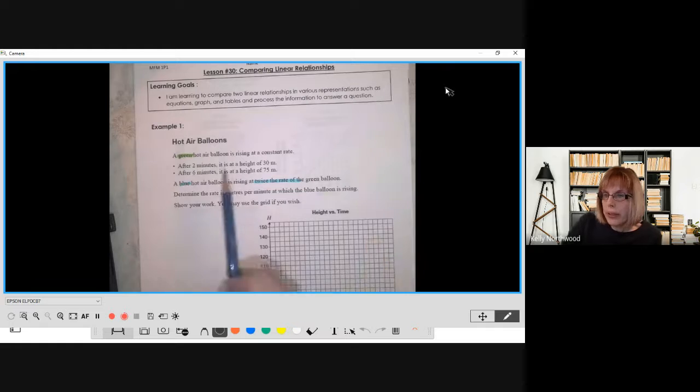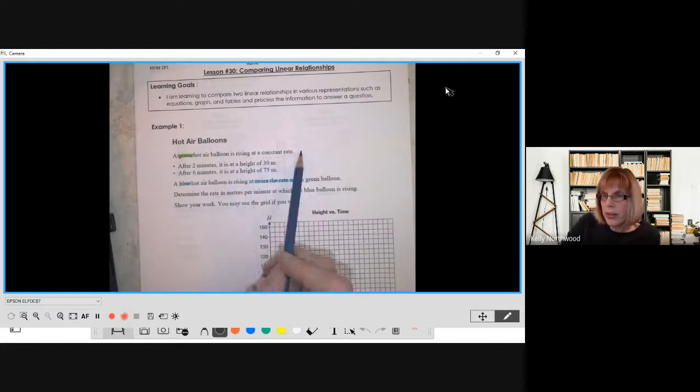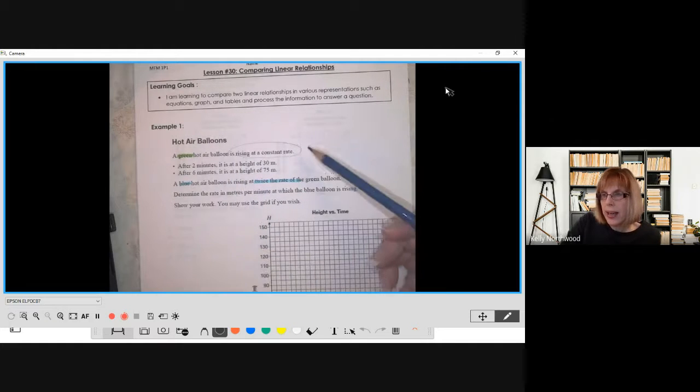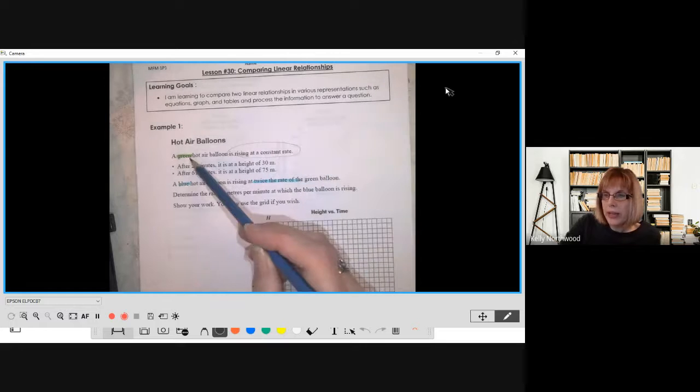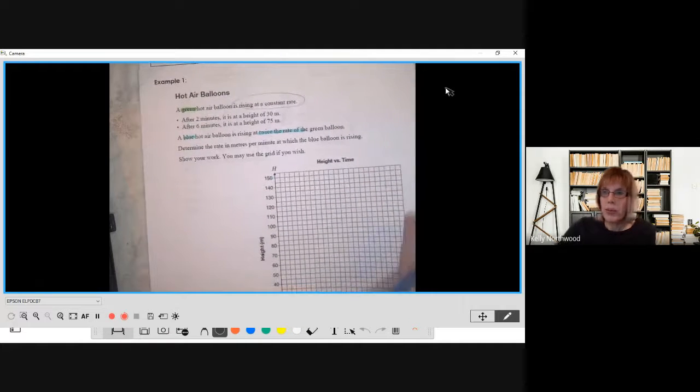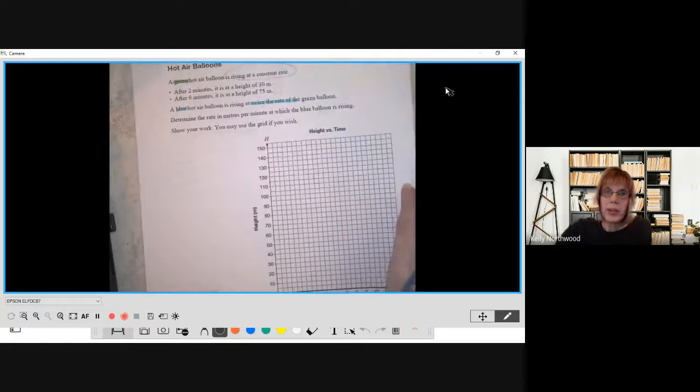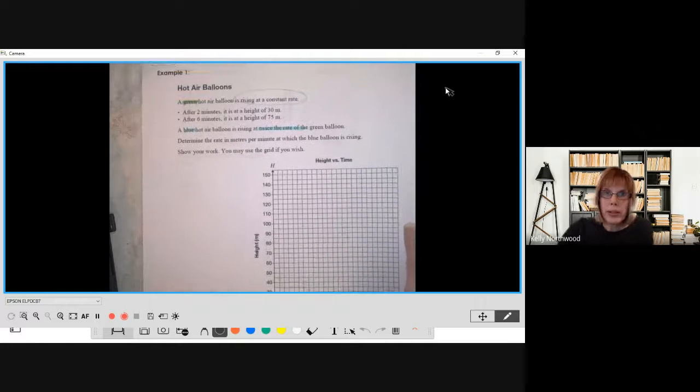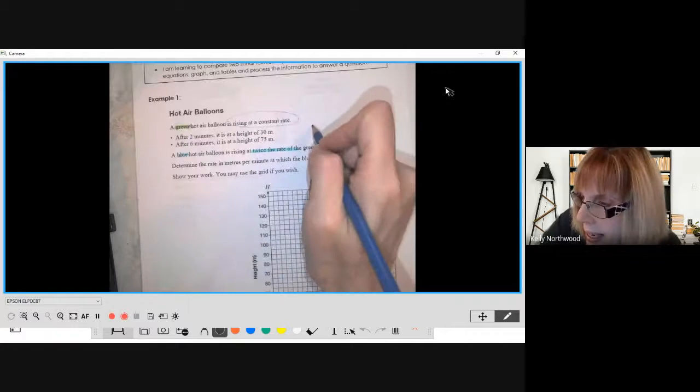So we've got a green balloon rising at a constant rate. If we knew the rate the green balloon was rising at, and the blue one's rising at twice that rate, we could just double the green rate to get the blue rate. We've got a graph, so we should be able to treat these points as a table.